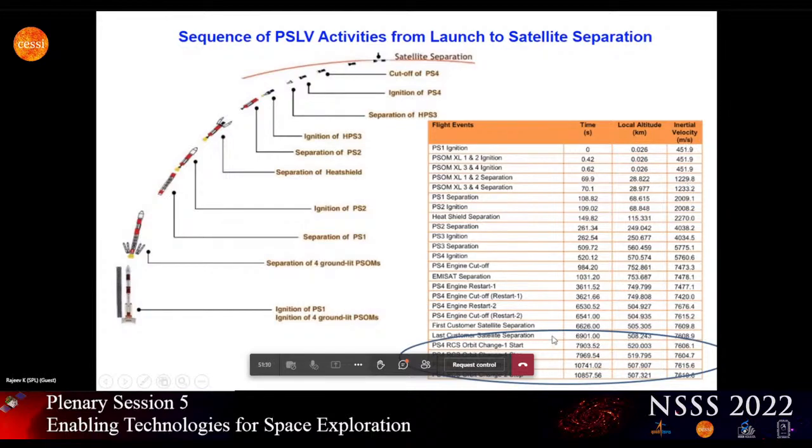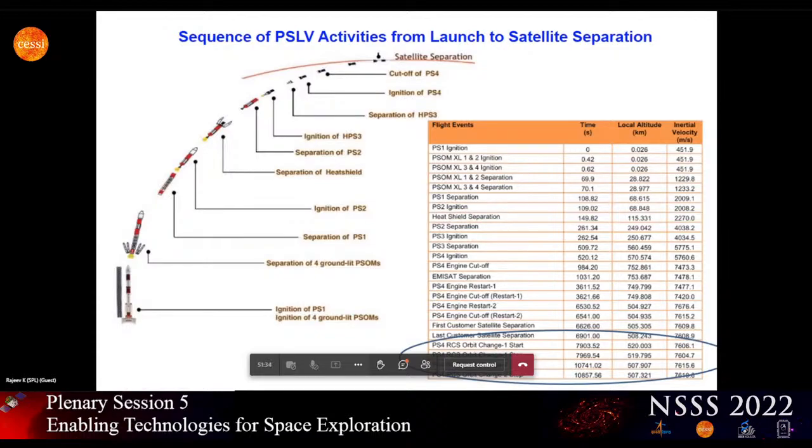But you can see here, after PS4 is cut off, the satellite got separated at 6901 seconds. Subsequently, the RCS is started to change the orbit to the desired thing, and again an orbital change took place. Actually, it is all experiments. It has provision. That is one of the beauties of this thing.